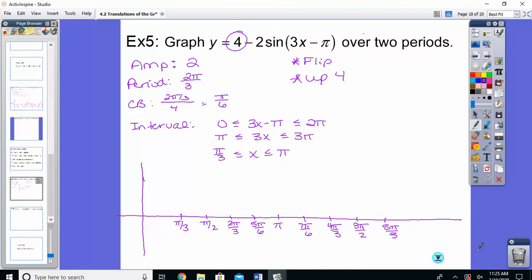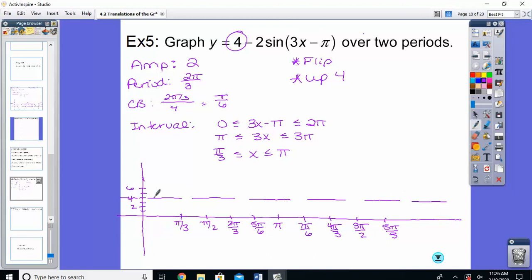What do I need to do next on my graph? Up 4. So I'm going to positive 4. I'm going to draw in my axis there. My amplitude is 2.